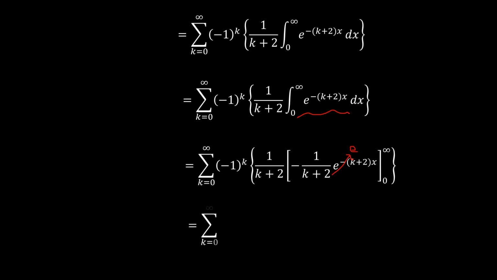So we are left with the summation of negative 1 to the power k over (k plus 1) squared, multiplying this k plus 2, k plus 2.